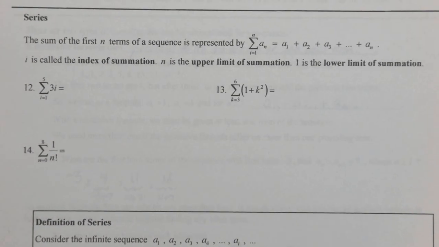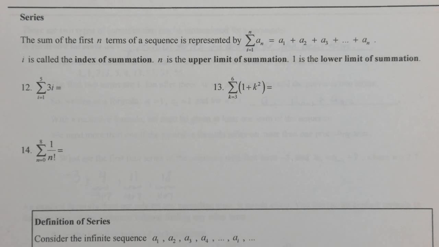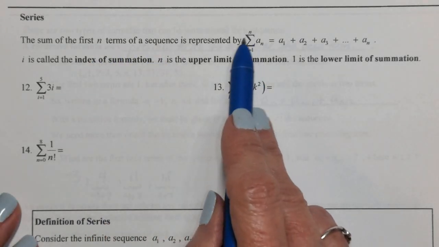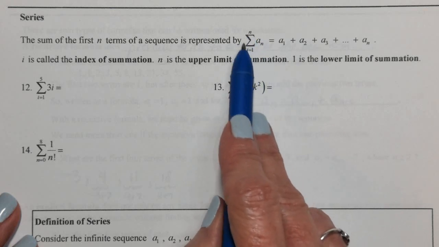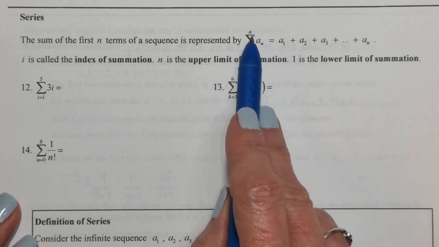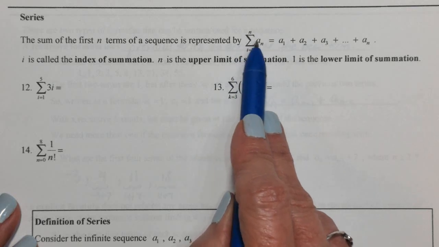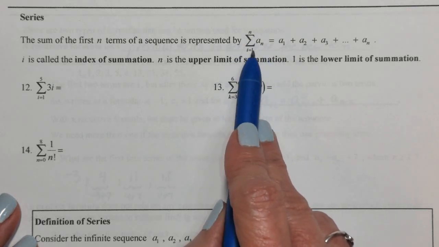All right, let's talk about series. The sum of the first n terms of a sequence is represented by this summation notation. We use the capital Greek letter sigma for the sum of terms.